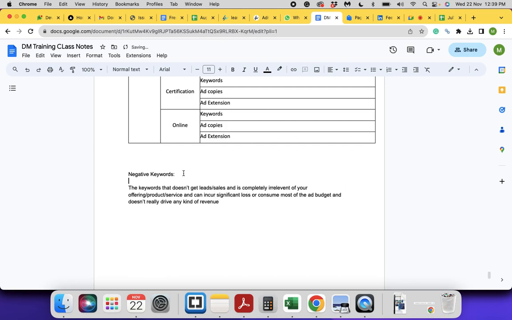So for example, let's assume your keyword is digital marketing training. This is your keyword. This can be considered the seed keyword, the business keyword, right? The following can be considered as negative keywords.